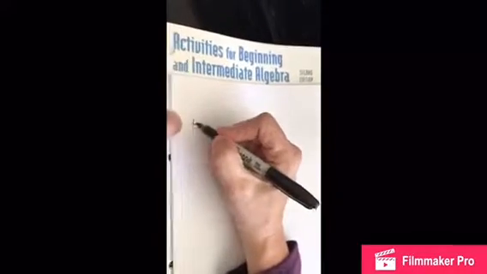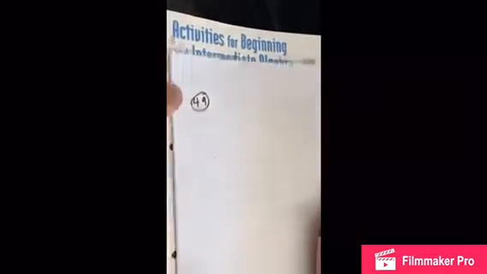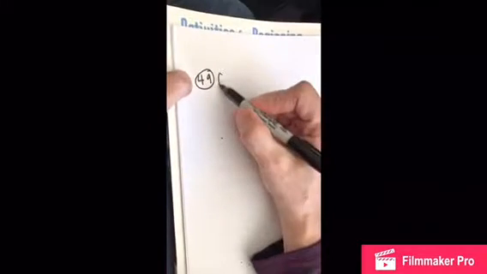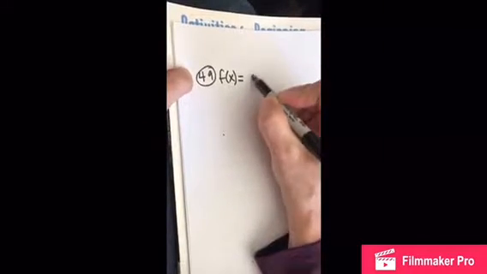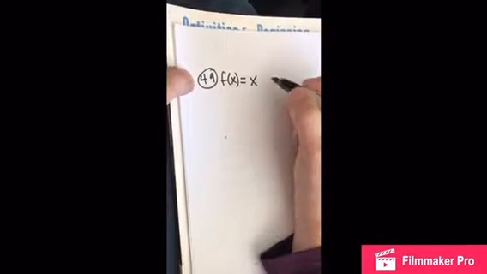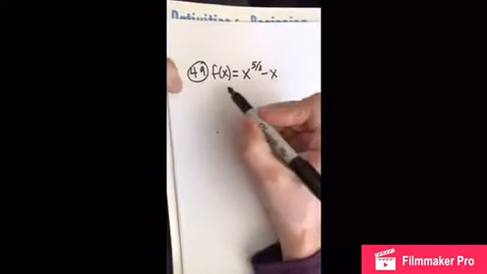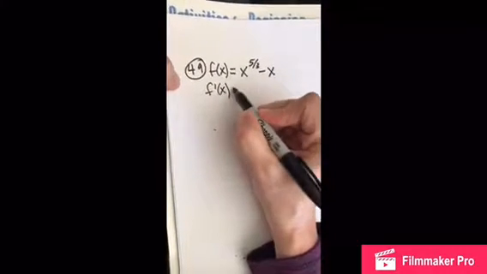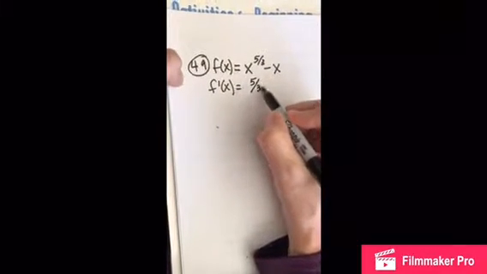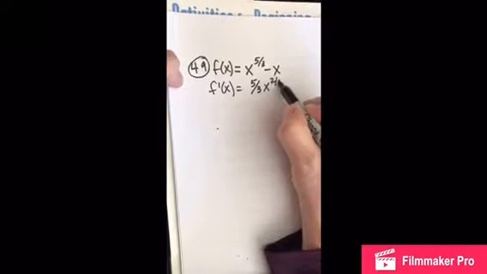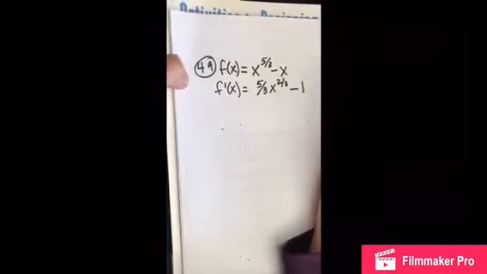Now we want to do number 49. Okay. So this one is the same idea. Here we have x to the 5/3 minus x. So we take the first derivative, which will be 5/3 x to the 2/3 minus 1.